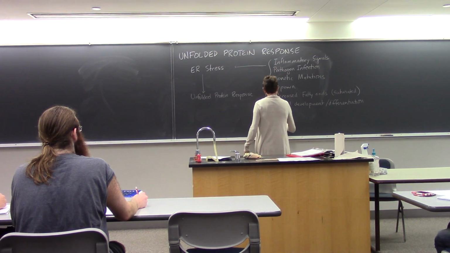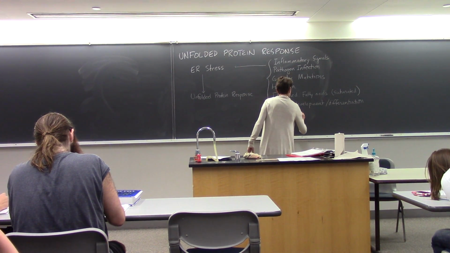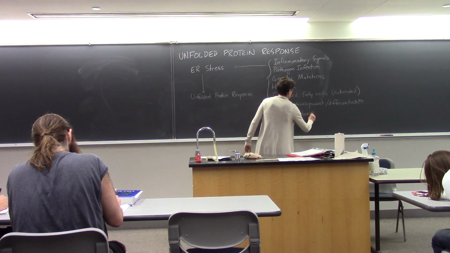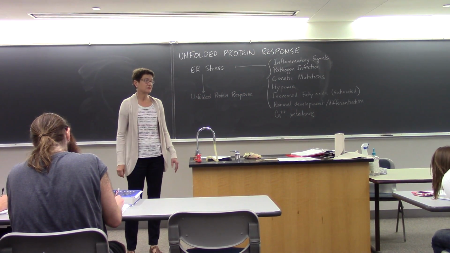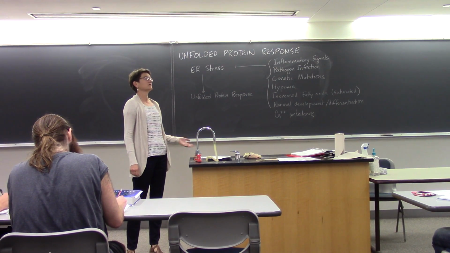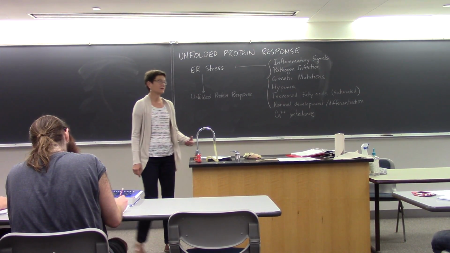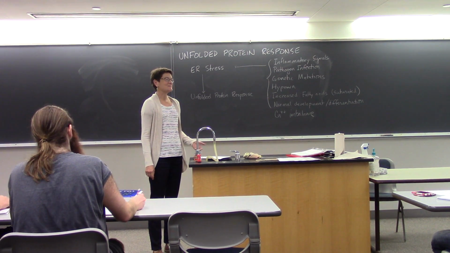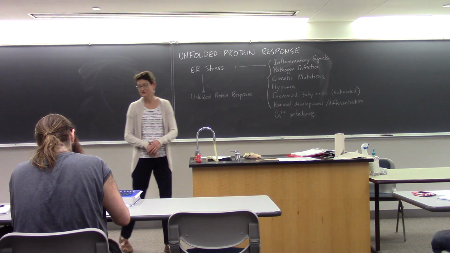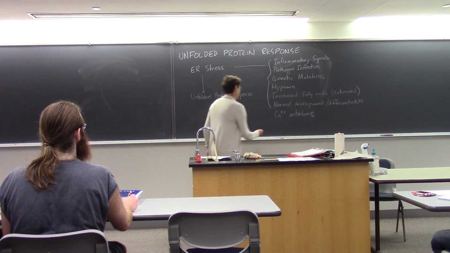Okay, calcium imbalances. That's what you're looking at. Okay, it could be a buildup of calcium in the cytoplasm. It could be the loss of calcium from the ER. And this particular paper, if you read the text, they talk about the imbalance as a loss of calcium from the endoplasmic reticulum. But you don't have that text.